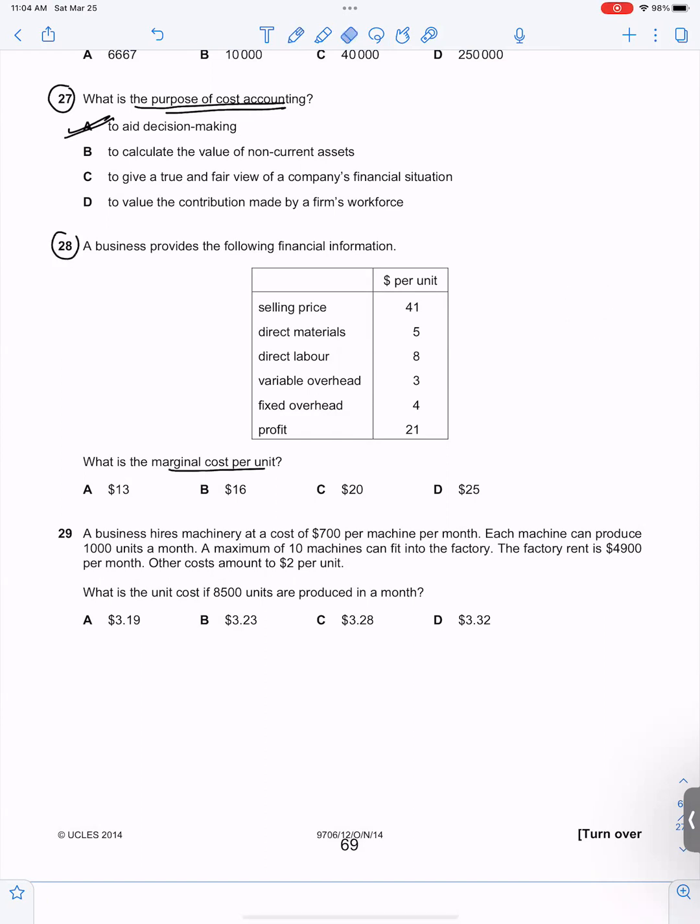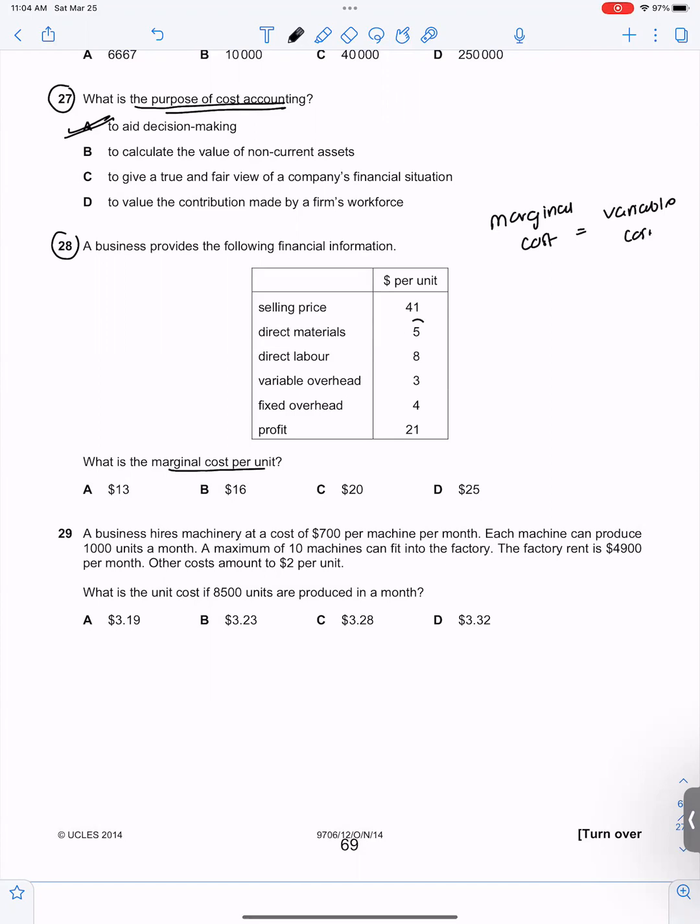What is marginal cost per unit? The extra cost. Marginal cost means variable cost.